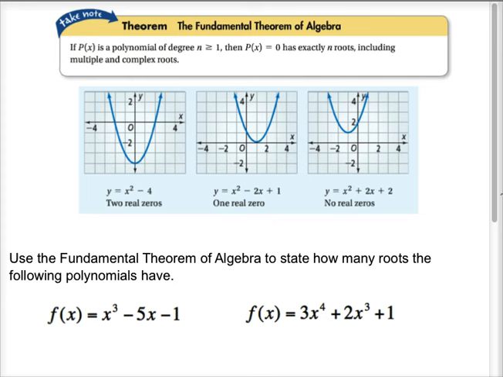Okay, so it can be 2 real solutions. Here you have 2 real solutions. You have a quadratic, and so you just have 2 reals. Well, here I have 1, but it's a double solution.